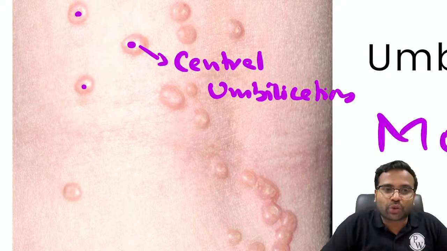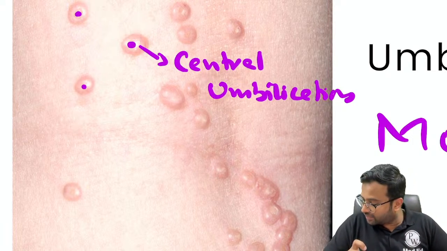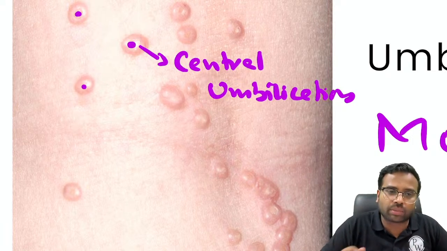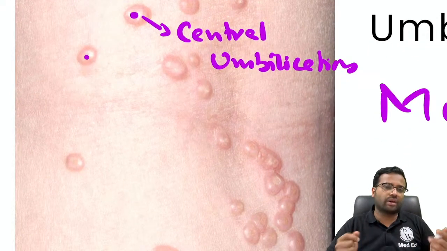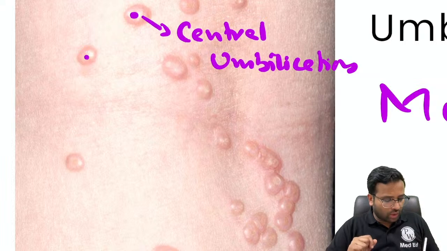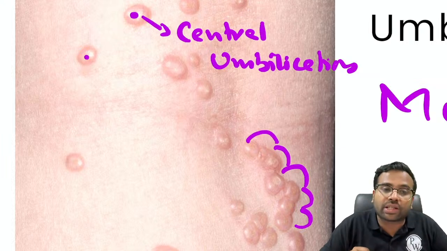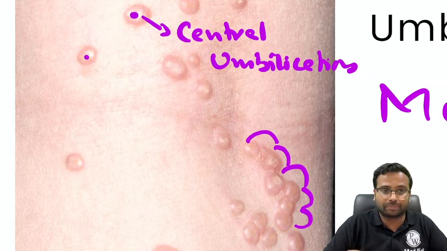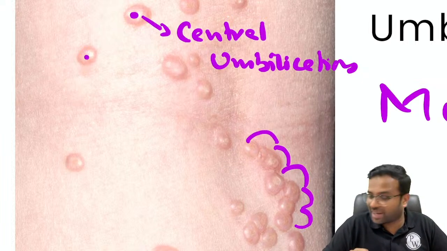Now, one more bonus question I would like to ask all of you is, imagine that this was a child who got this molluscum contagiosum. After several weeks or months, the mother says that it was just one lesion, and now it has become 2, 3, 4, 5, 6, multiple lesions appearing one after another. What is the name of the phenomenon I'm talking about? Anyone?